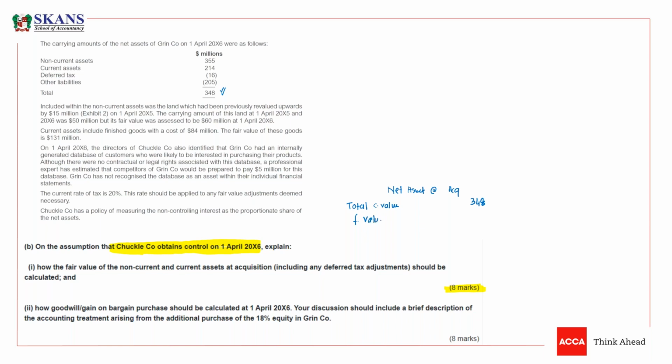Fair value adjustment, land. So we have a gain of 10. But every gain will create a deferred tax, so you need to book a deferred tax liability.